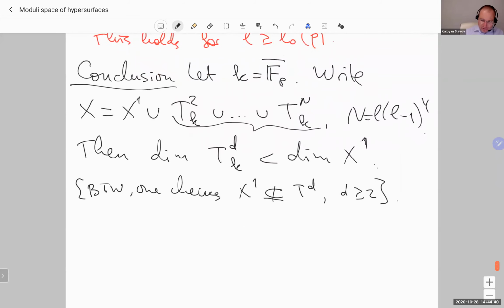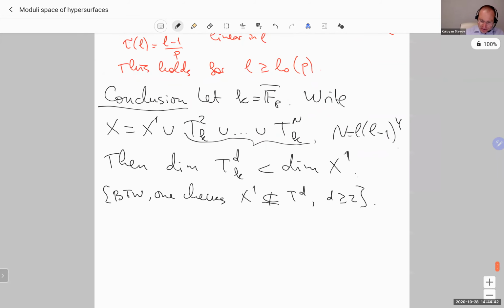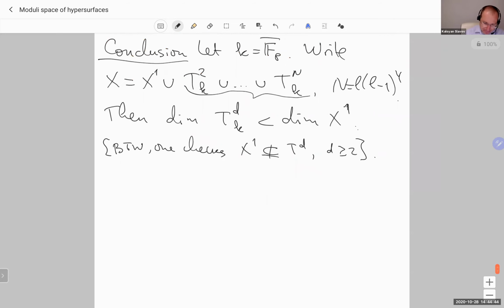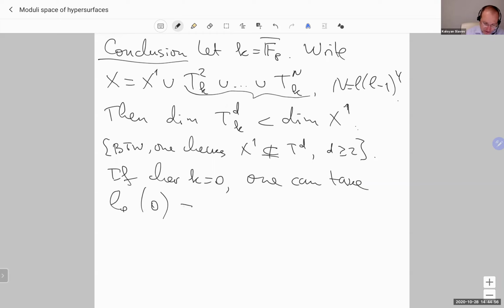And now, what if you do the problem in characteristic 0? Let's go back to the original problem. If the characteristic of K is equal to 0, one can take L0 of 0, the bound for L, to be L0 of 2.